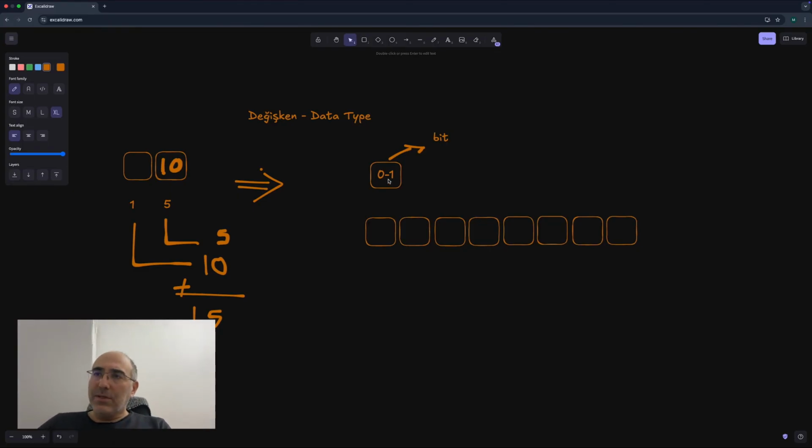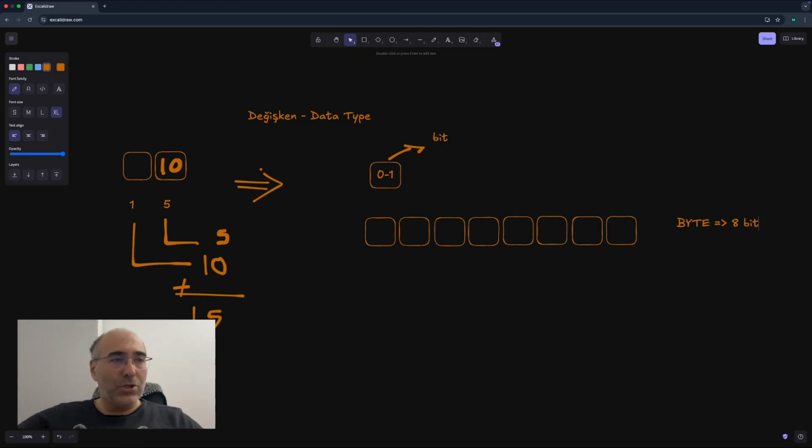Each of these boxes is 1 bit. So friends, what does the thing I call a byte equal to here? It equals 8 boxes. In other words, it means 8 bits. Those bits, bytes, megabytes, and so on, they all originate from these friends.